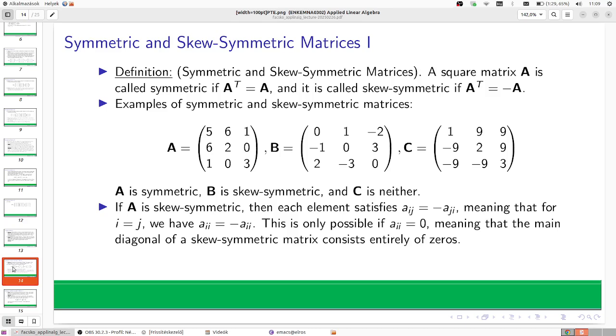So A is a symmetric matrix, B is skew symmetric, and C is just an ordinary matrix. And the next comment is what I just told you: the elements in the main diagonal are 0 for a skew symmetric matrix.